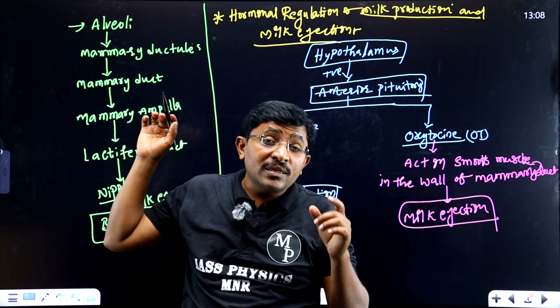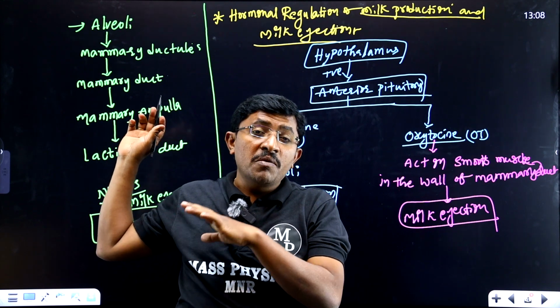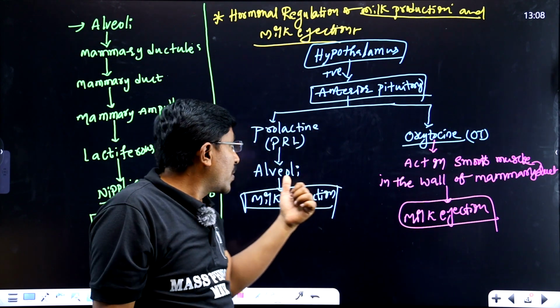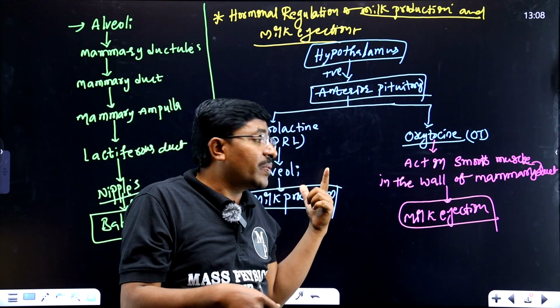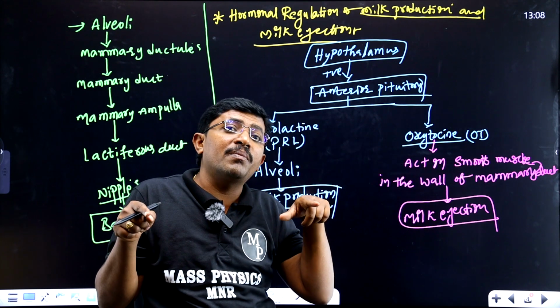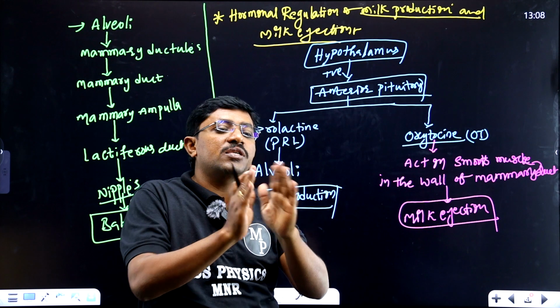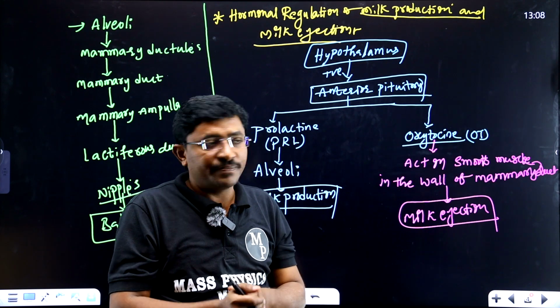Simple thing: for the development of the mammary gland, estrogen and progesterone hormones. For the production of milk, prolactin acts on the alveoli. After milk production, oxytocin acts on the wall of the mammary ducts to send the milk from inside the mammary gland to outside.